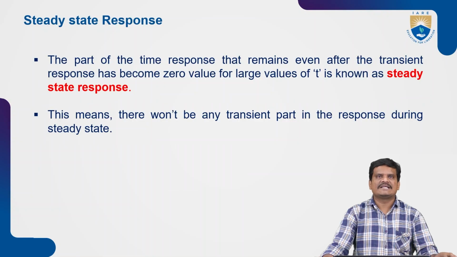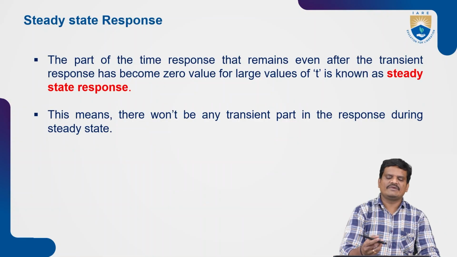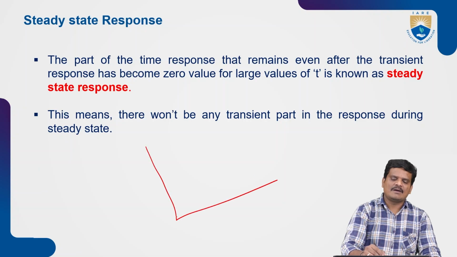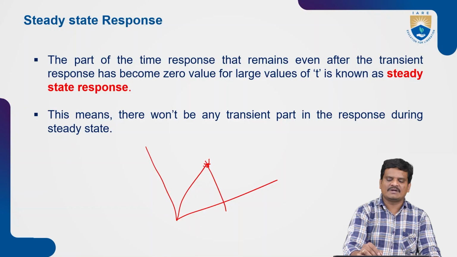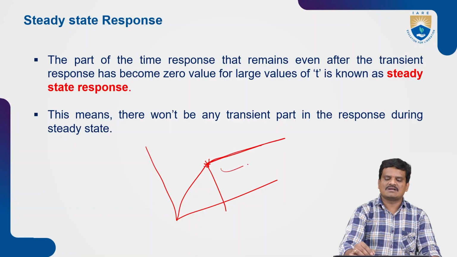Coming to the next topic, steady state response. We have seen the graph earlier. Up to a certain period of time, the graph has a transient state, and after reaching this particular point, the graph is completely in a steady state. The response obtained in this steady state is considered the steady state response.